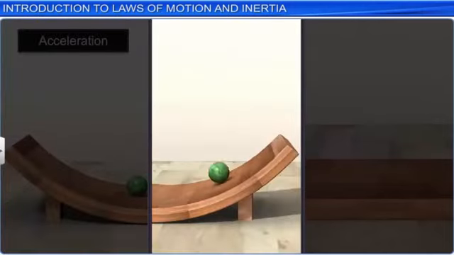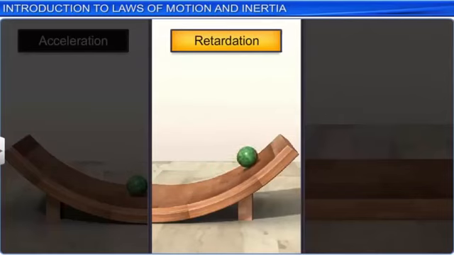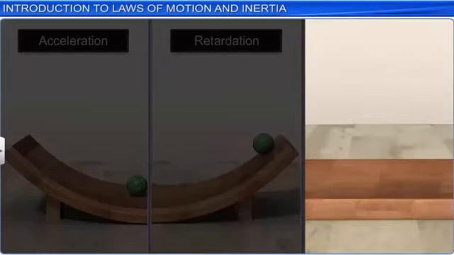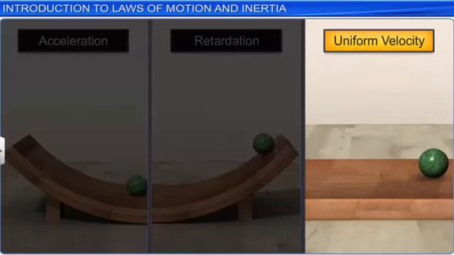A roller rolling up an inclined plane on its own retards. A roller rolling on a horizontal plane neither accelerates nor retards, which means that the roller should move with constant velocity when there is no friction between the roller and the horizontal plane.